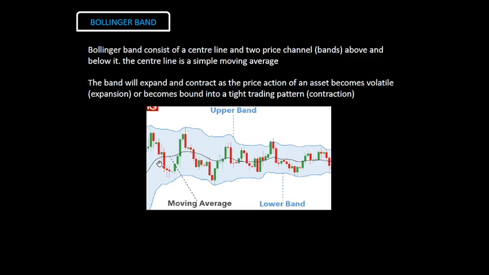The band will expand and contract as price action of an asset becomes volatile, which is an expansion, or it becomes tight, or it goes into a squeeze, which is contraction. Let me show you what it looks like.